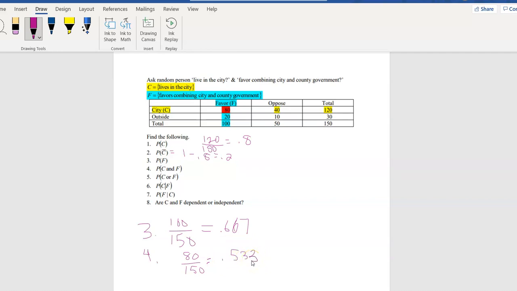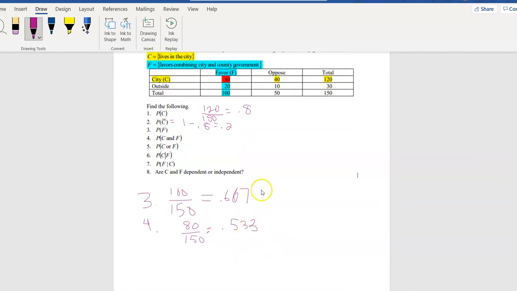All right, number 5, the probability of C or F. Now, just to get us used to using the formula, we could count up everything that is both C and F and add them up, but let's get used to using that formula. So the probability of C or F is the probability of C plus the probability of F minus the probability of both of them, of C and F. All right, so probability of C was 0.8.